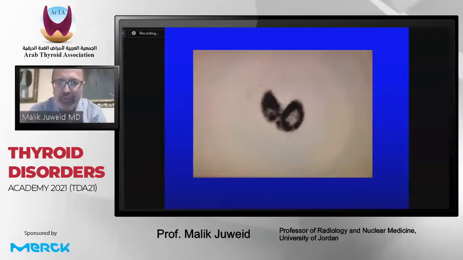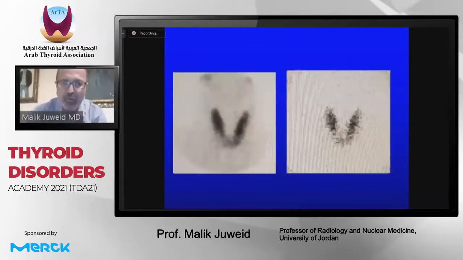Ultrasound, however, showed isoechoic nodules with cystic degeneration, but with intra- and perilesional increased flow. So the patient had an FNA, and it was a Bethesda 2. It was benign changes, essentially cystic degeneration and colloid.